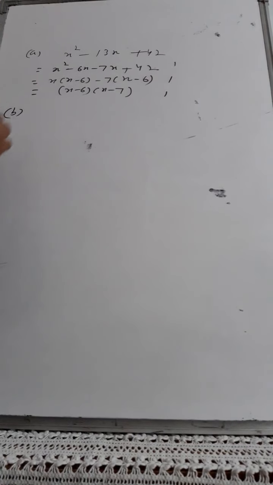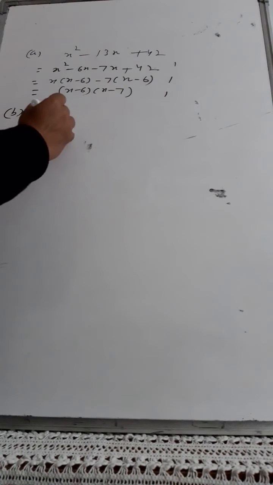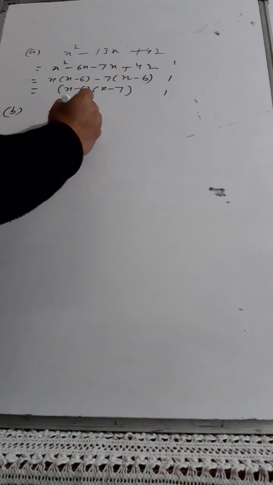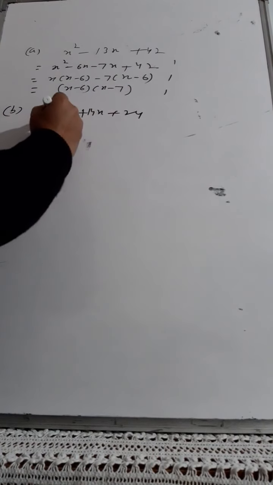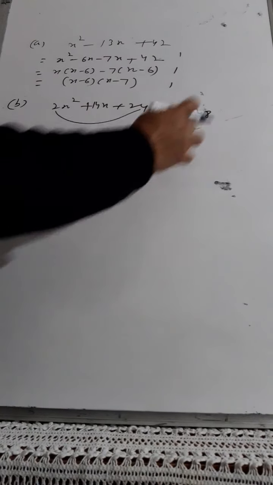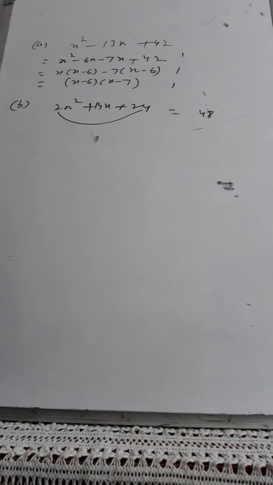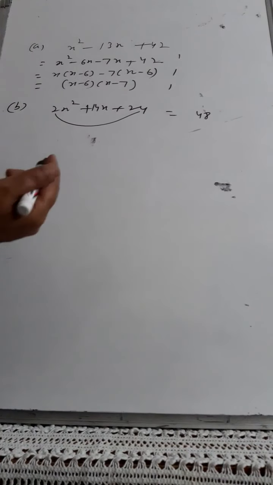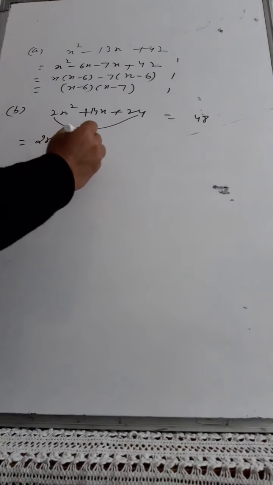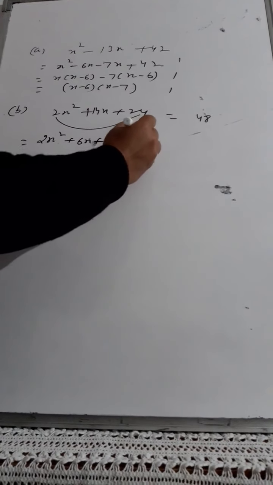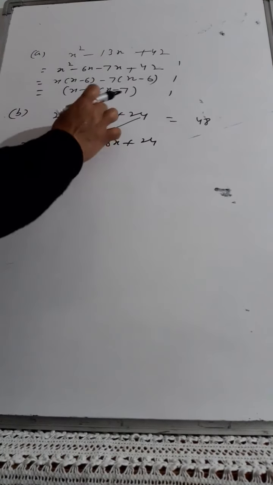Then it was B part. B part was 2x square plus 14x plus 24. If you multiply 2 and 24, that gives you 48, so you have to get the factors of 48. I think 6 and 8 will help you there: 2x square plus 6x plus 8x plus 24, because 6 plus 8 is 14 and 6 into 8 is 48.